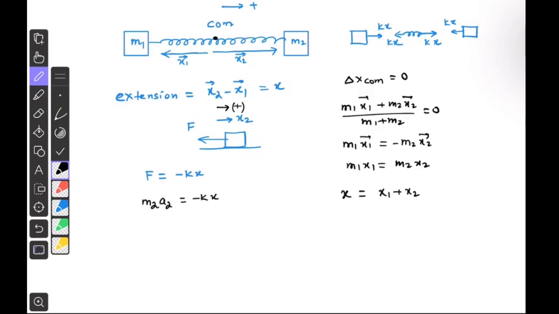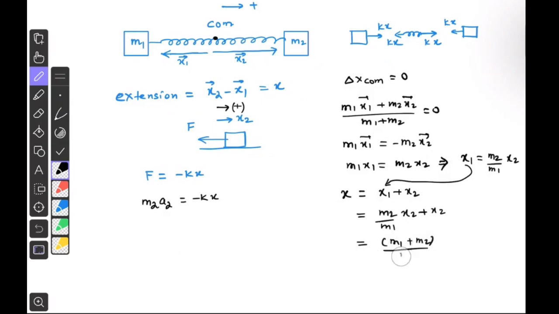Then what I can do, I want to get things only in terms of x2. So I will replace x1 in terms of x2. So x1 equals m2 by m1 into x2. And that x1 I can plug here. We get m2 by m1 into x2 plus x2. What will it become? (m1 plus m2) by m1 into x2.